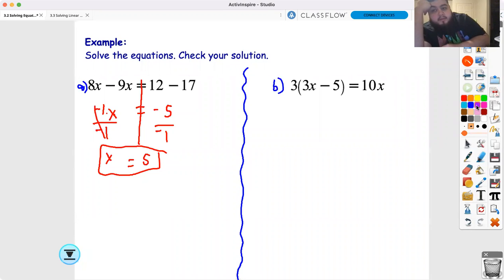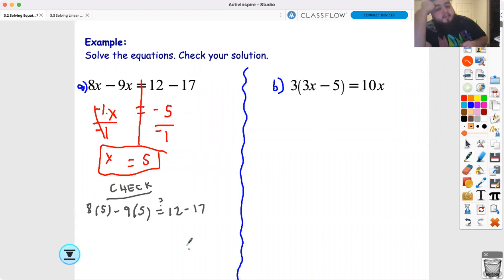Now recall that we do have to check this work just to make sure that we are on track. So let me get this new color. So check: you plug in the answer to the original equation. So we're going to get 8 times 5 minus 9 times 5 equals question mark 12 minus 17.